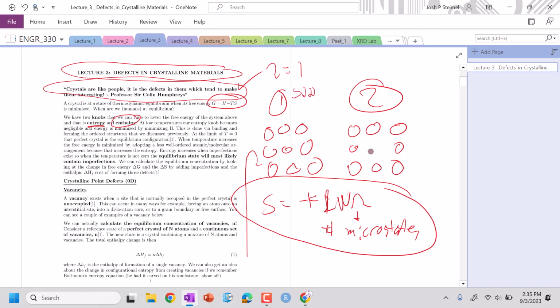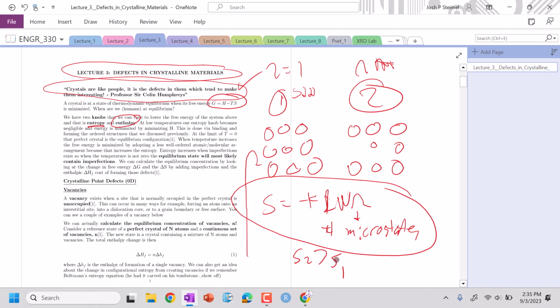Here, I could have an empty spot. I can reconfigure it here. So there's lots of ways. There are many, many microstates, and I have much more entropic states, so I have a much higher entropy exhibited by system 2. So my entropy of 2 is greater than my entropy of 1.